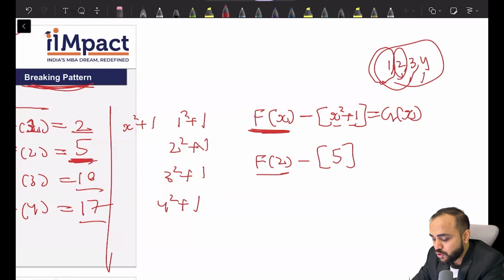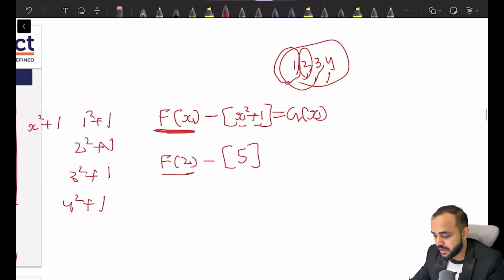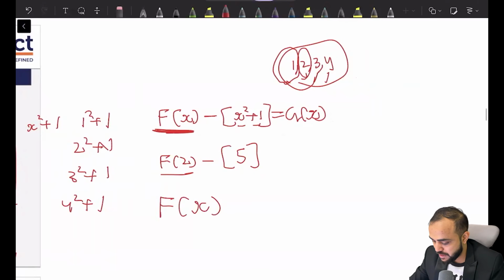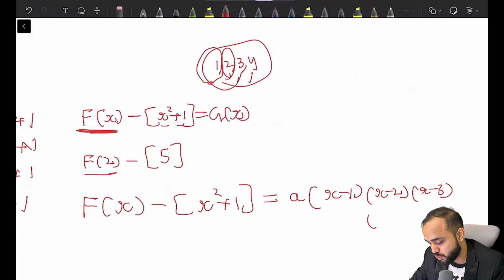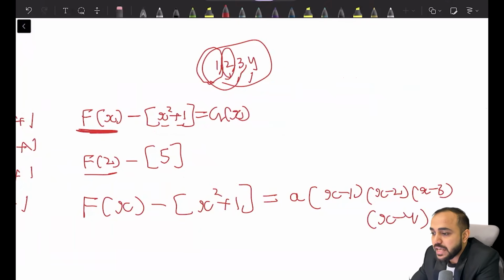So similarly, you will get these four as the roots, which means f(x) − (x² + 1) = g(x), which I can write as a(x − 1)(x − 2)(x − 3)(x − 4). Because once I have all the four roots, I can write g(x) as this.